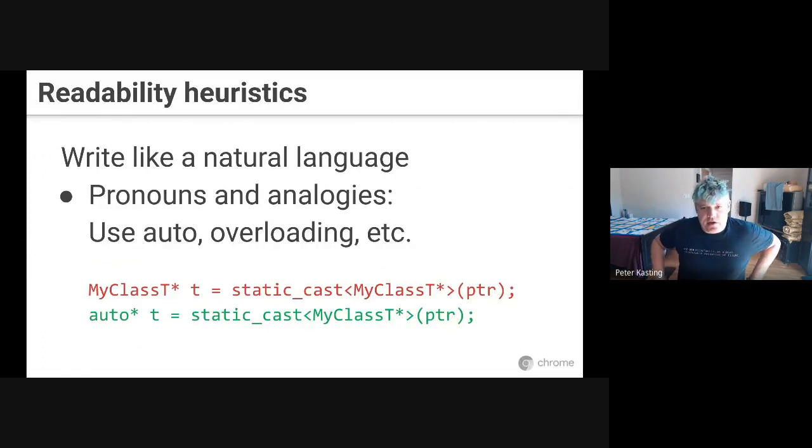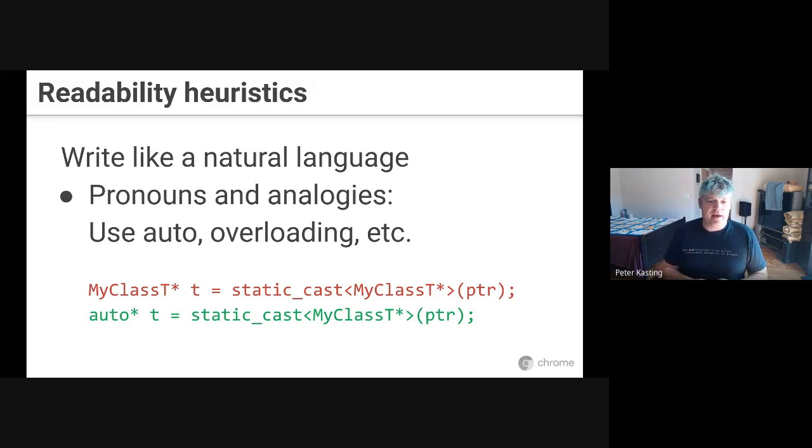Use pronouns and use analogies. We do not say, Peter drove the car to Peter's office so Peter could talk to Peter's friends. We say, so he could talk to his friends, and things like that. Pronouns have antecedents that they refer back to. Similarly, it's a good idea to use things like auto to eliminate duplication of types, or to use overloading to make an analogy to a similar behavior that you understand.